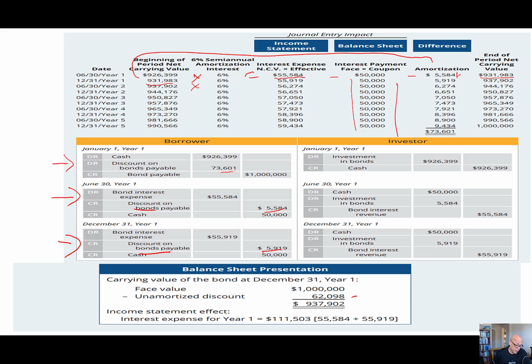Let's play with that. You could take this $926,399, the initial carrying amount of that bond, and you could simply add those two discount amortizations. Where's my number now? 5,584, all right, plus 5,919, and let's go ahead and add those.